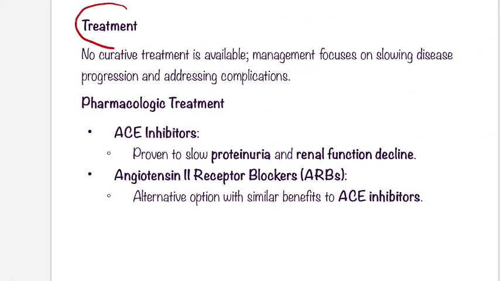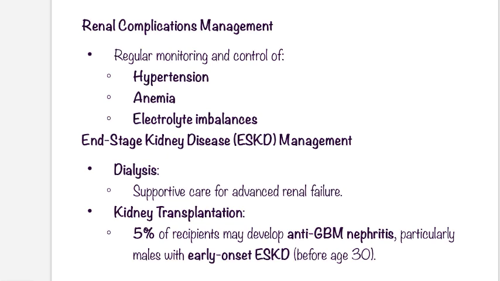What is the treatment of Alport syndrome? Actually, no curative treatment is available. ACE inhibitors and ARBs, as we discussed, slow proteinuria and improve renal function. Renal complications like hypertension, anemia, and electrolyte imbalance we will manage accordingly.